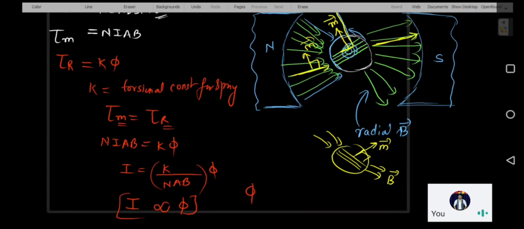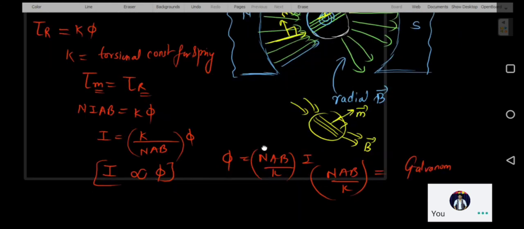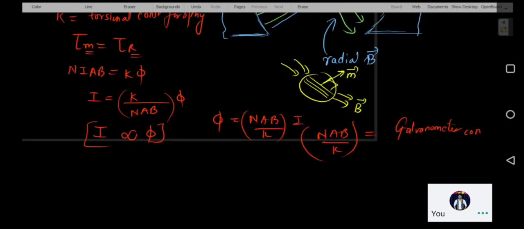So I can say phi is equal to NAB upon K into I. Or rather, we will put it this way because this sounds wrong: from here this is a constant, so phi is proportional to I. We can say that the deflection is directly proportional to the current flowing through the galvanometer, and that is why it has a linear scale.